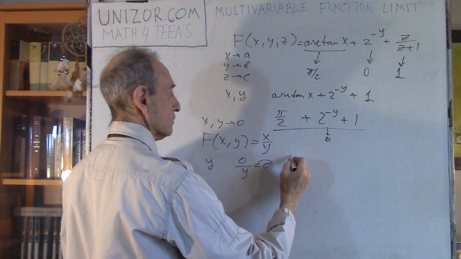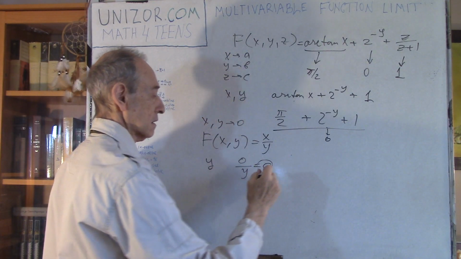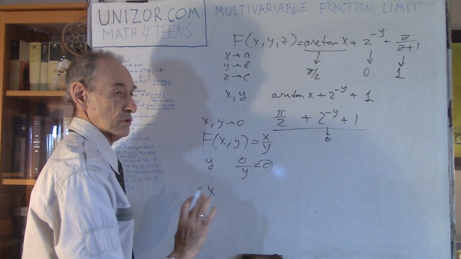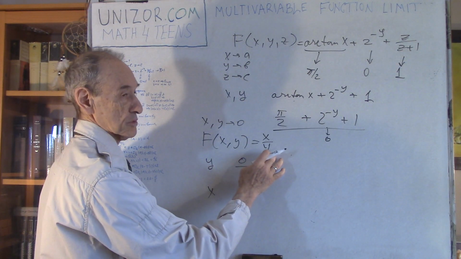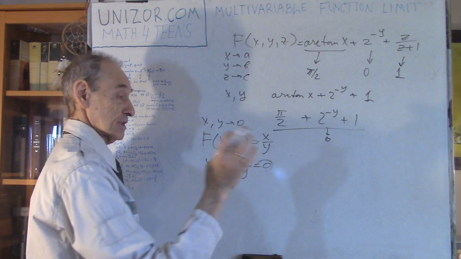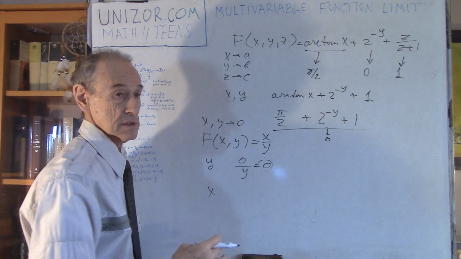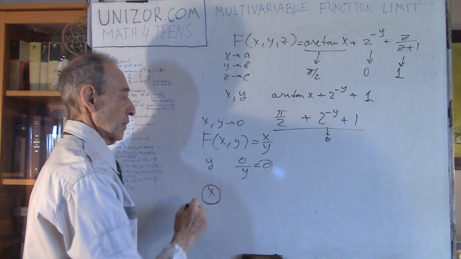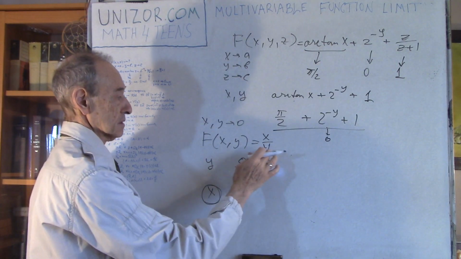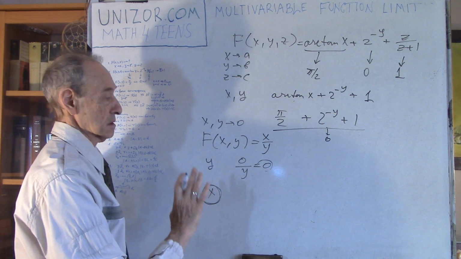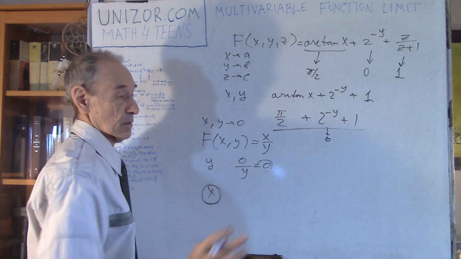But what if we do not touch x and put y to 0? Well, it would be infinity, and actually it depends which infinity, plus or minus, which means there is no limit, basically. So if you start by moving y to 0, fixing x, then there will be no limit.